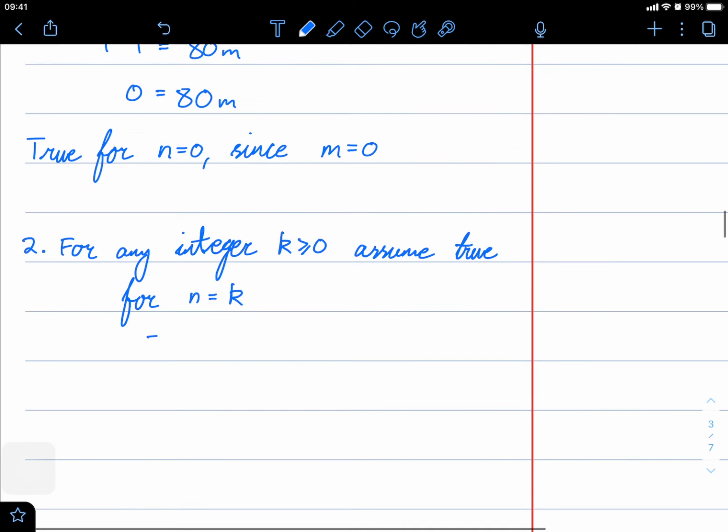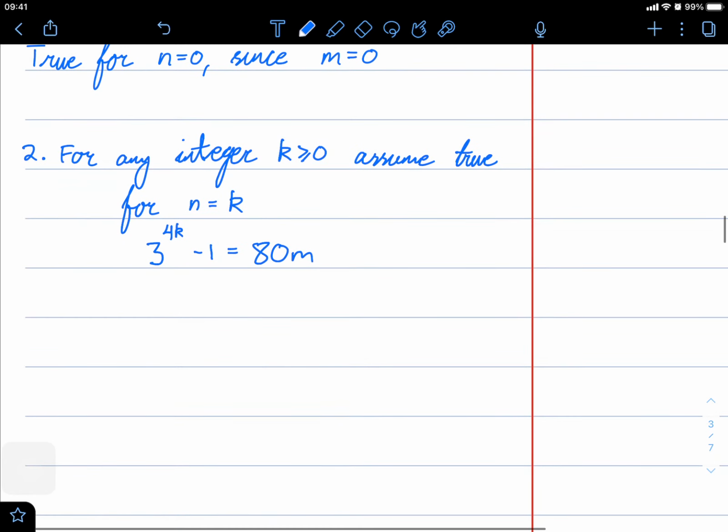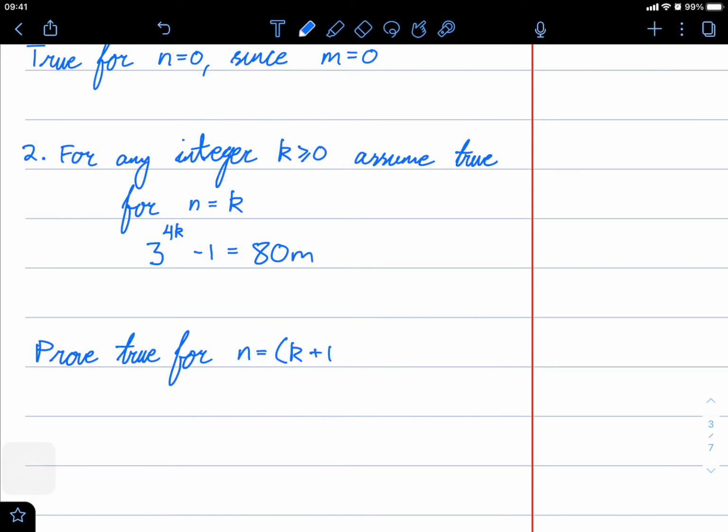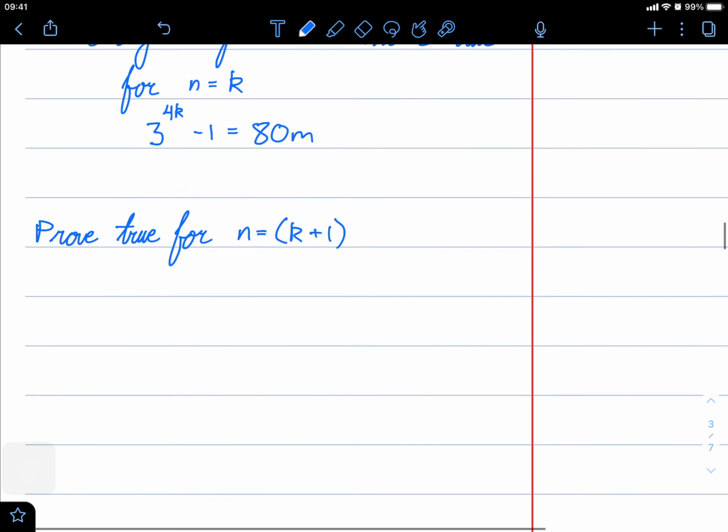So we now get the expression 3 to the power of 4k minus 1 is equal to 80m. Now we need to prove true for n is equal to k plus 1. So now our expression is 3 to the power of 4 times k plus 1, minus 1, is equal to 80m.